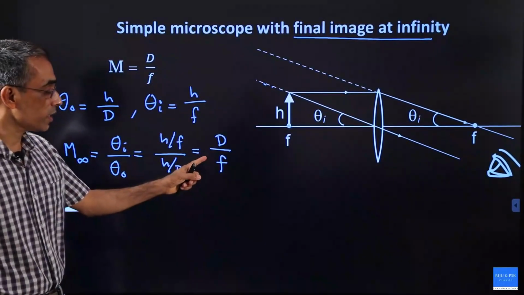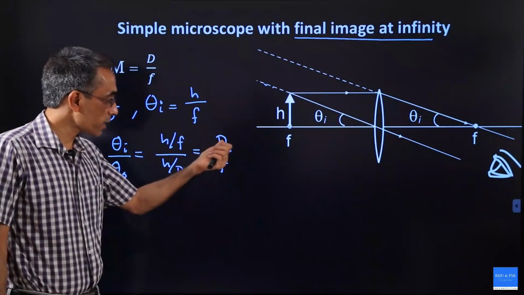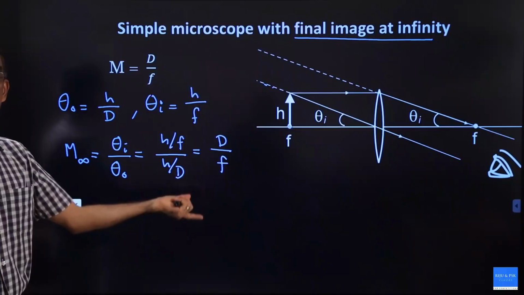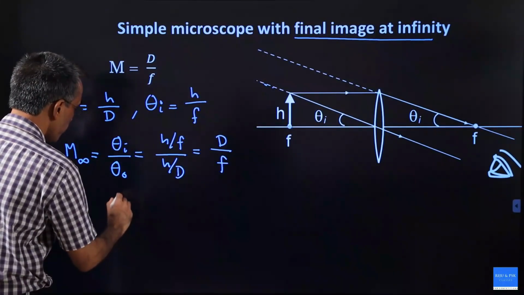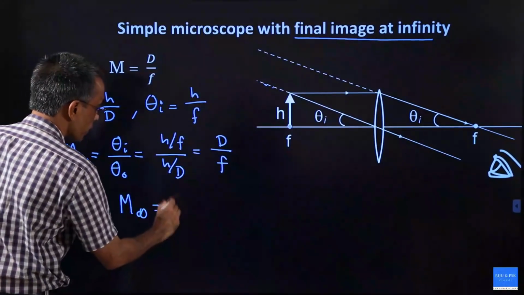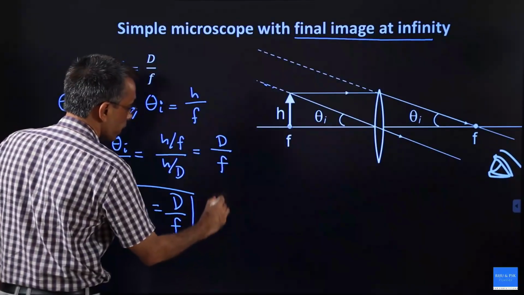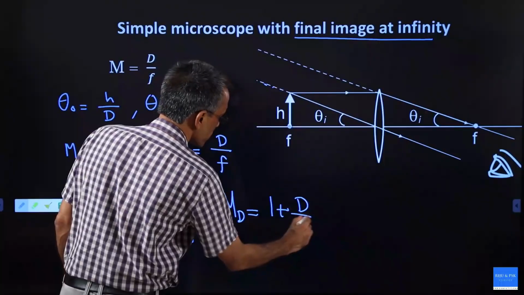So this is not from the lens equation. Directly I can take the magnitude of d, and the Cartesian sign convention is applied here. So magnification when the final image is at infinity is given by d by f. But magnification when the final image is at d is given by 1 plus d by f.